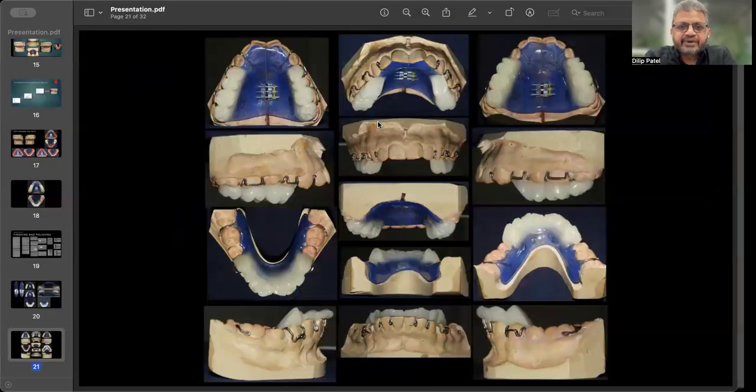These are the same appliances from a different angle on the upper as well as the lower model. You can see the inclination on the upper block, both right and left sides, and how the clasp is properly adapted. Look at the lower appliance.